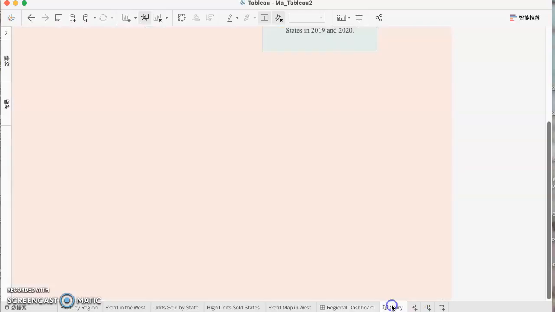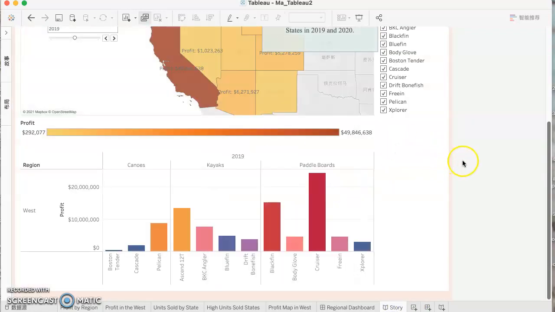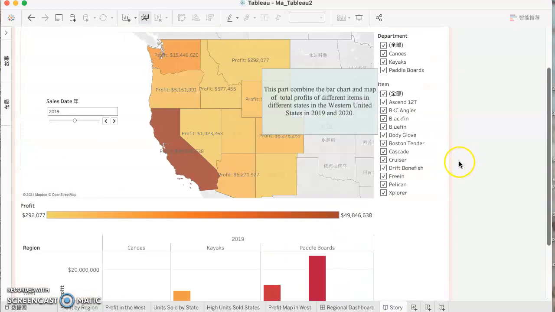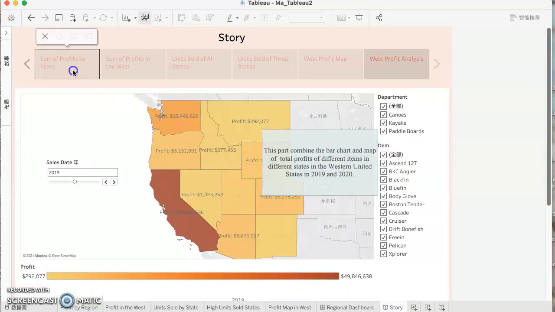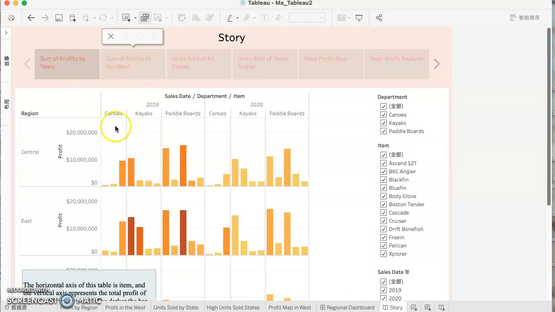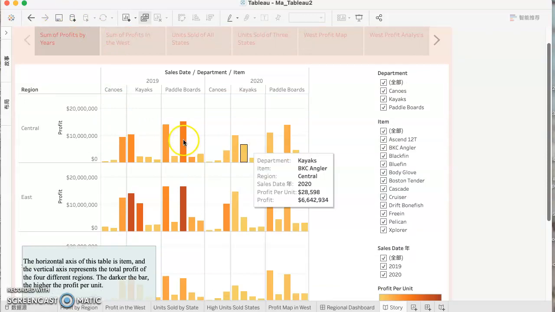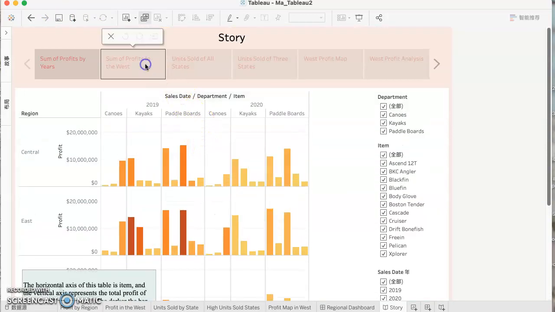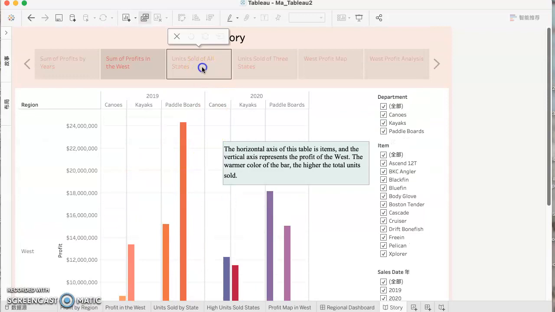And finally, last but not least, the story part. I've created 6 sheets. I've analyzed the data before.